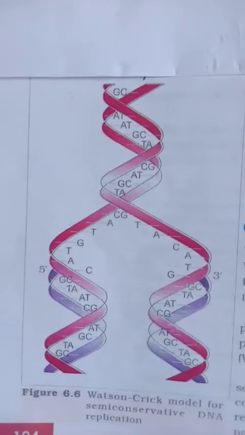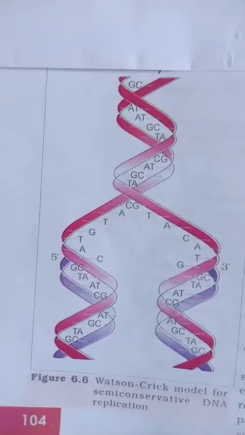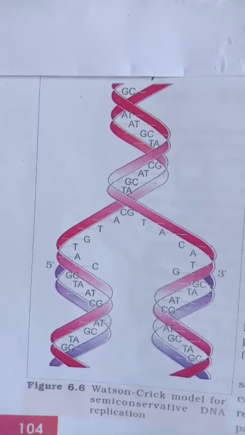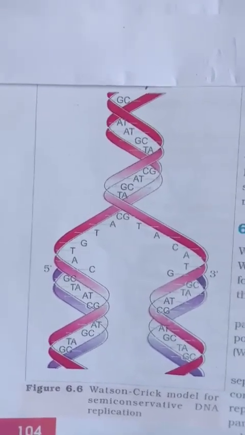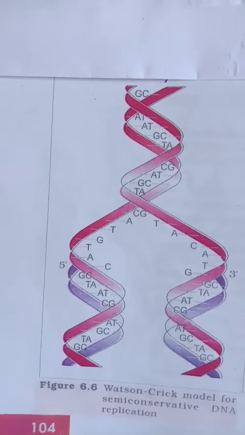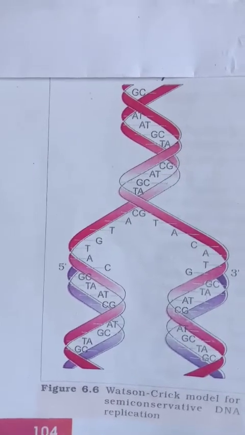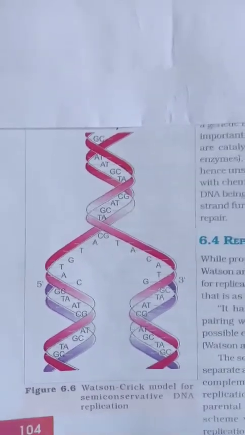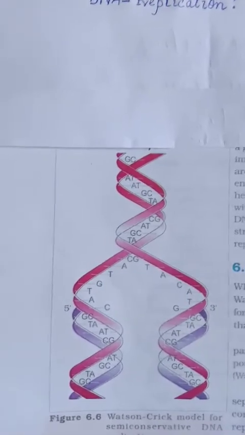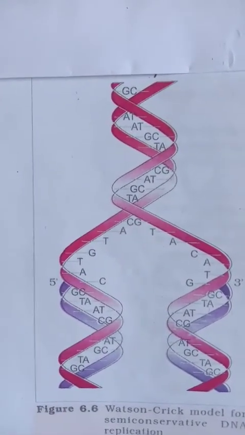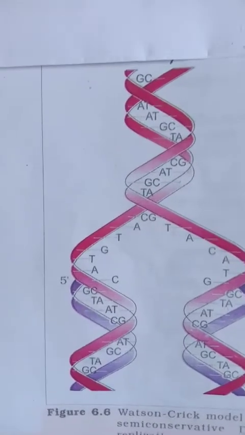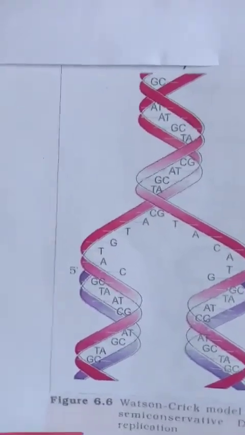As you know, the DNA has a double helical structure, and one of the helices remains conserved, and only one is newly synthesized, and that we know as the semi-conservative mode of DNA replication.